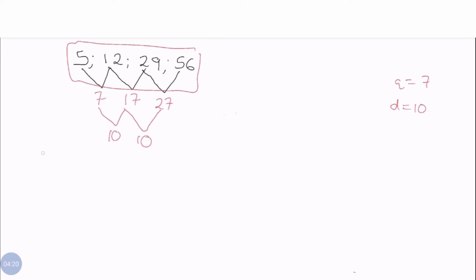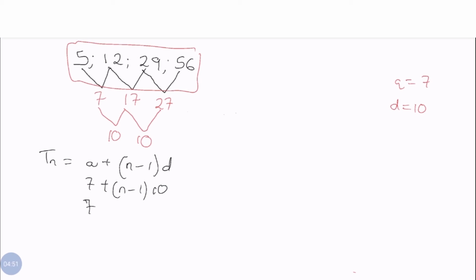The equation is determined by the general equation, which is Tn equals a plus bracket n minus 1 times d. Now let us substitute. a is equal to 7 plus n minus 1 multiplied by d, which is 10.